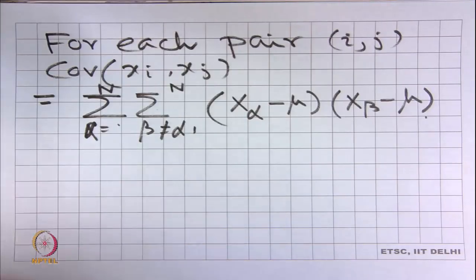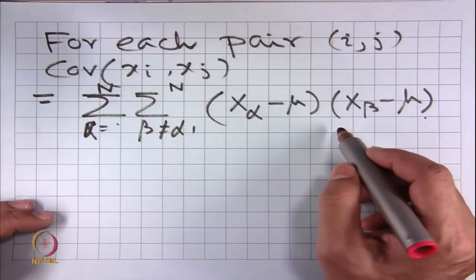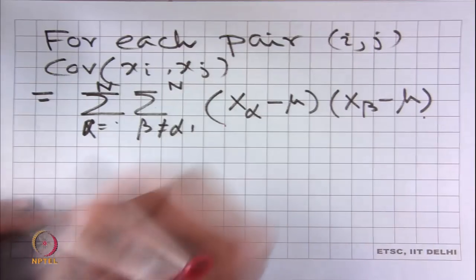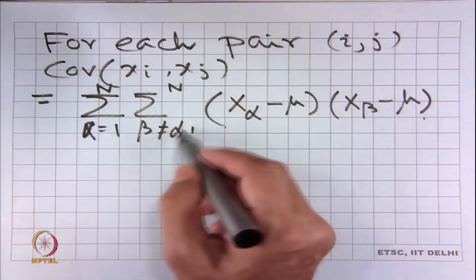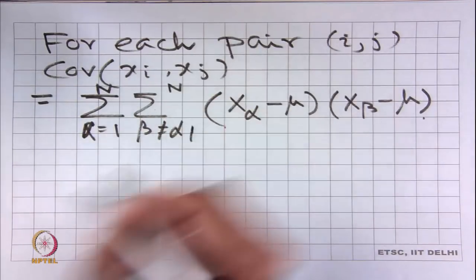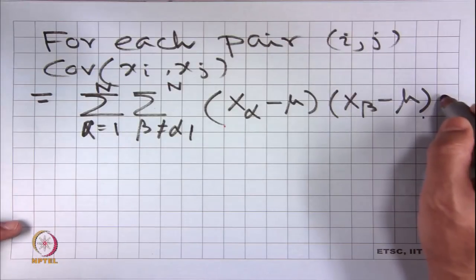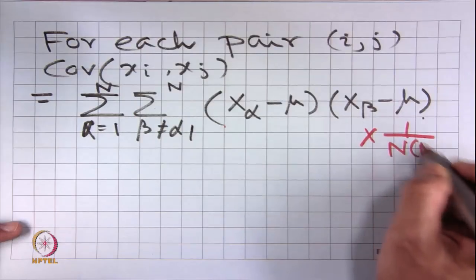And what is the probability? We can have n into n minus 1 many possible pairs, because alpha can be from 1 to n and beta goes from 1 to n, but not equal to alpha. So, alpha can be chosen in n ways, beta can be chosen in n minus 1 ways given alpha. Therefore, the probability for each pair is 1 upon n into n minus 1.